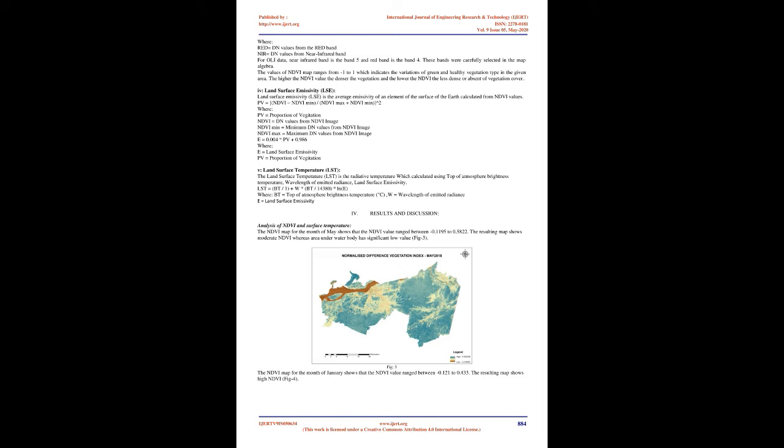The conversion and computation of surface temperature follows the formulae. 1. Top of atmosphere, TOA, radiance. Using the radiance rescaling factor, thermal infrared digital numbers can be converted to TOA spectral radiance.